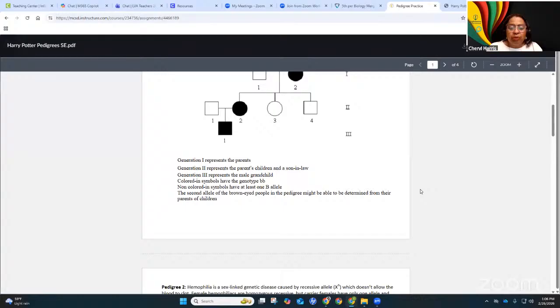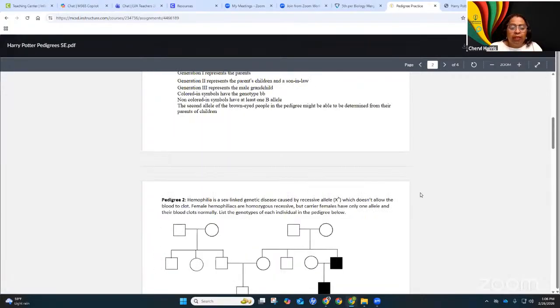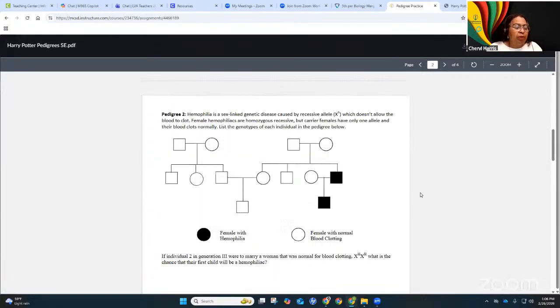All right, so we went over that first part, and now we're looking at the hemophilia part. We've got two sets of people here. Maybe grandma and grandpa over here, and then grandma and grandpa over here. This first set had 3 children, and they all seem to be normal.